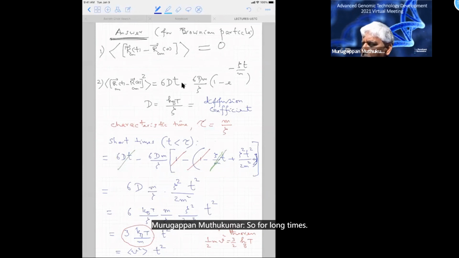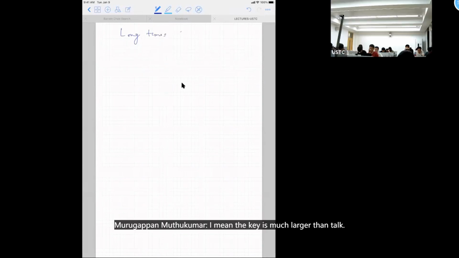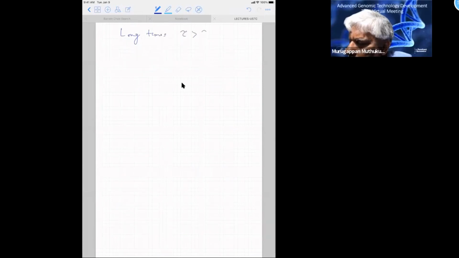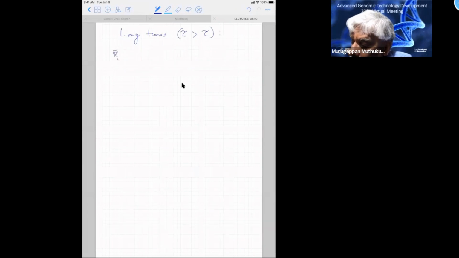So for long times, that means t is much larger than tau, the mean square displacement is 6Dt.